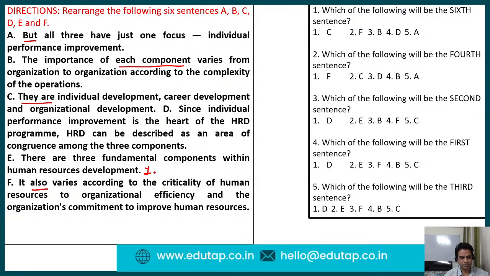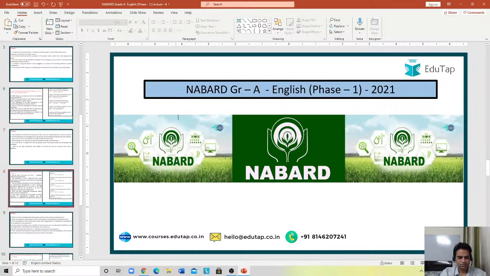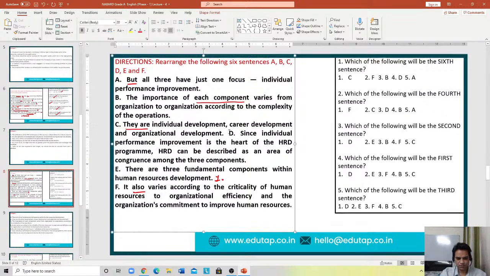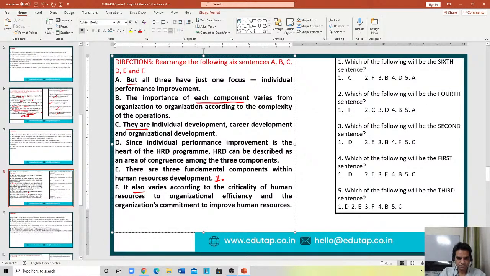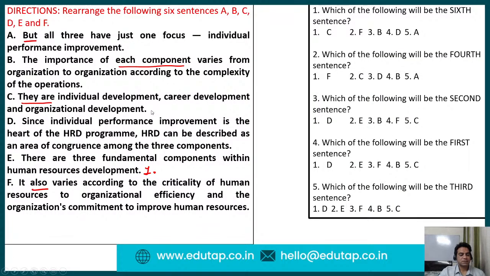They are individual development, career development, and organizational development. Oh, okay. Oh my God. Sorry, guys. Just give me a second. I think it was, yeah, that's how it should be. So sentence D was wrongly placed there. So I found the first sentence is E.